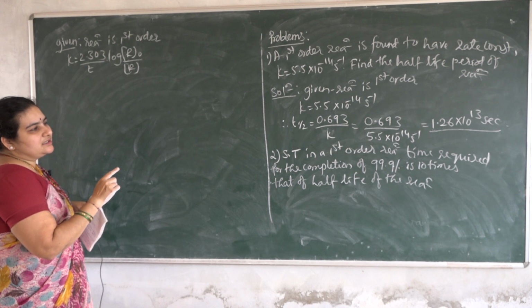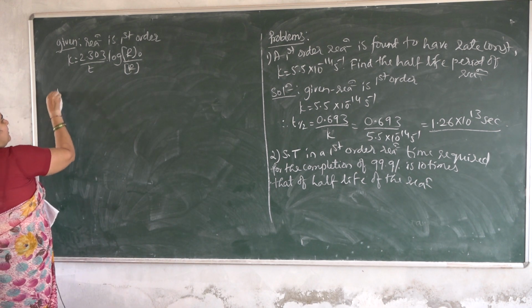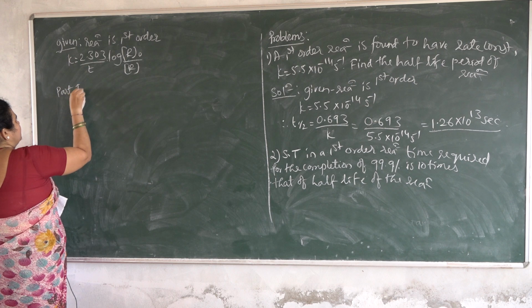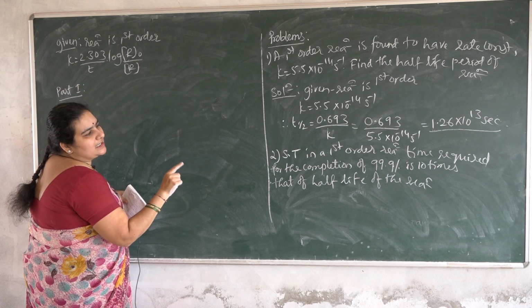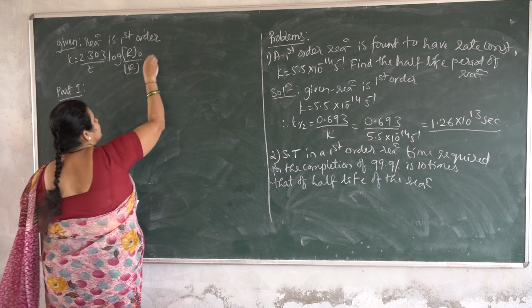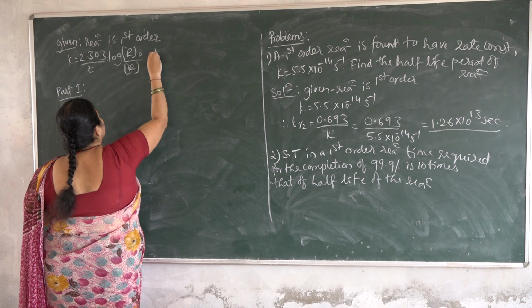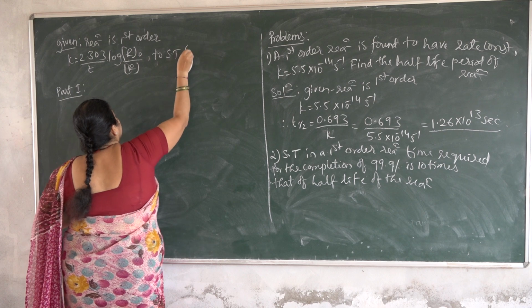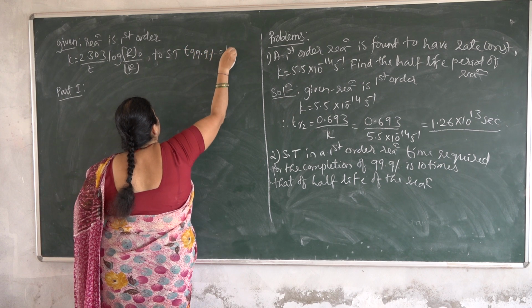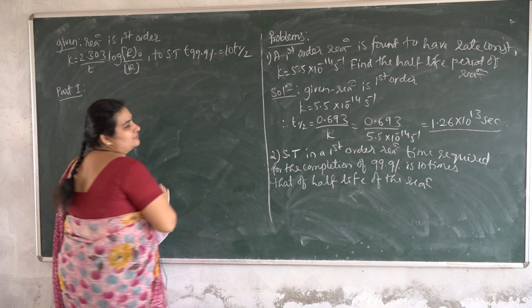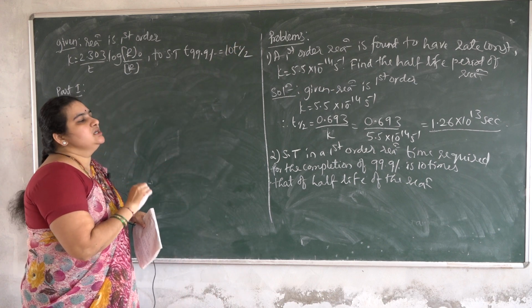In the first part, what is the information given? For the completion of 99.9%. So what is to be shown? To show that t 99.9% is equal to 10 into t half. Okay, this is to be shown.